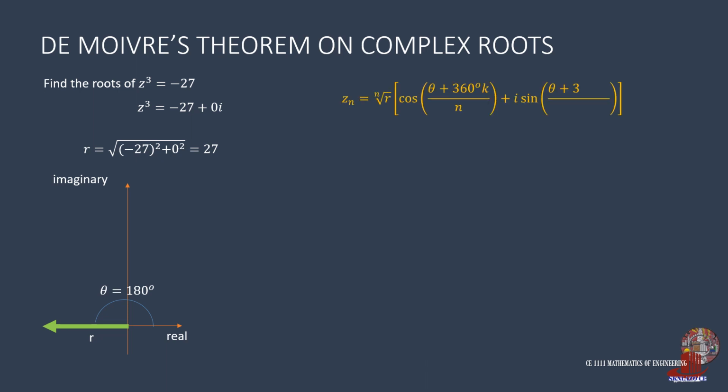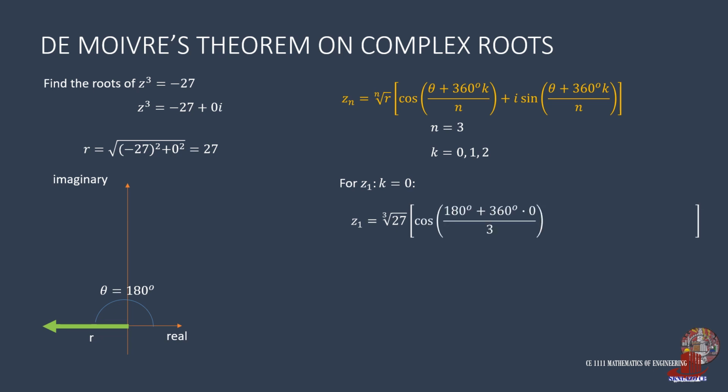By using the equation in degrees, we take n as 3 and k are 0, 1, and 2. For the first complex root, k is equal to 0. That would make the equation cube root of 27 cosine of 180 plus 360 times 0 upon 3 plus I sine of 180 plus 360 times 0 all upon 3, where the second terms become 0.